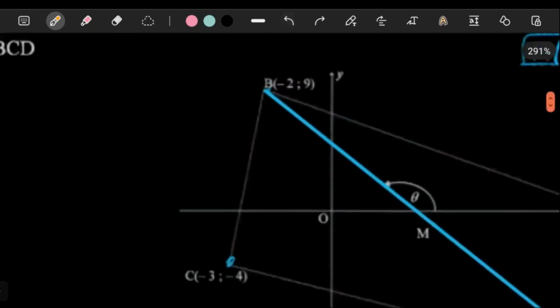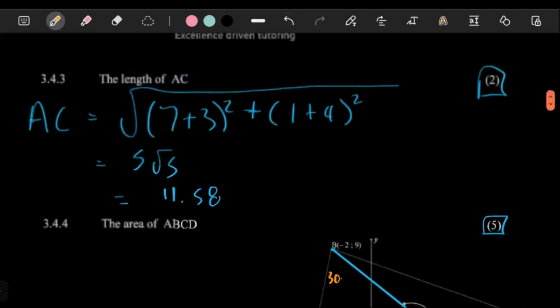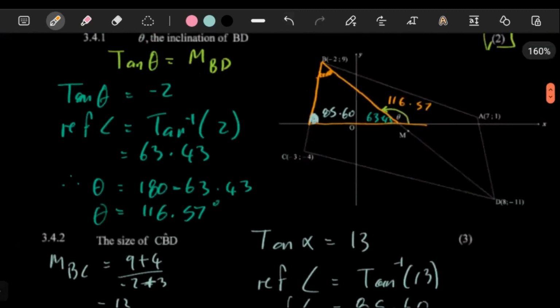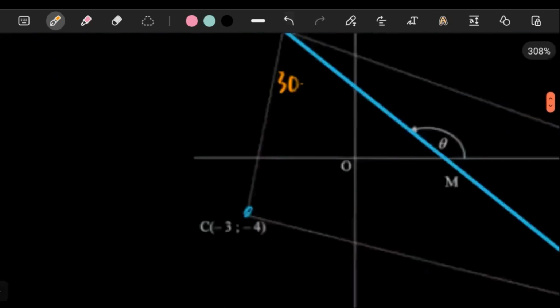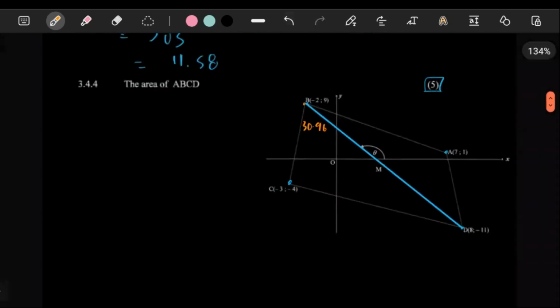Yeah, the area rule, if we have angles and stuff, because here, remember, this is 30.96. Yeah, so for this triangle down here, we can easily work this out using the area rule, because we have an angle there.